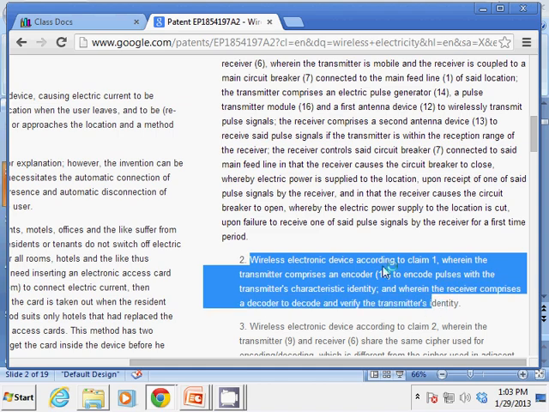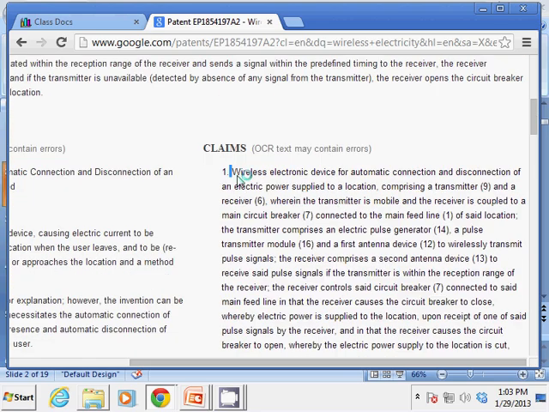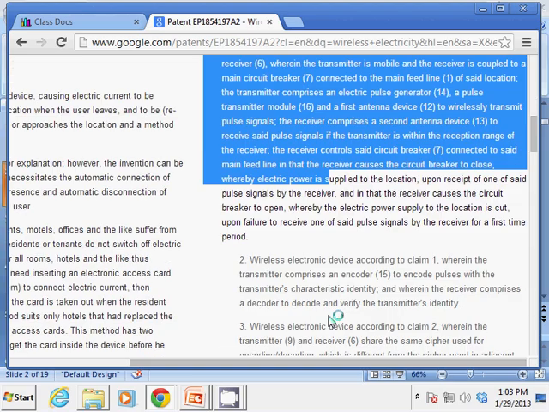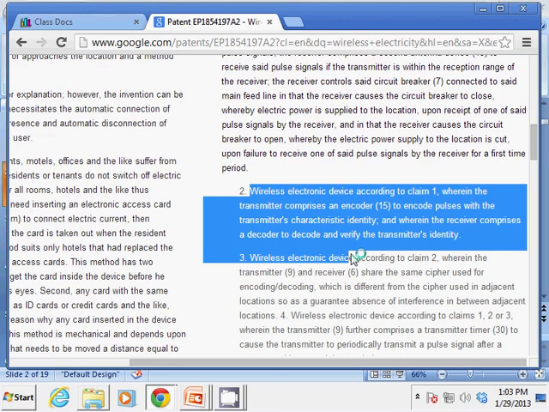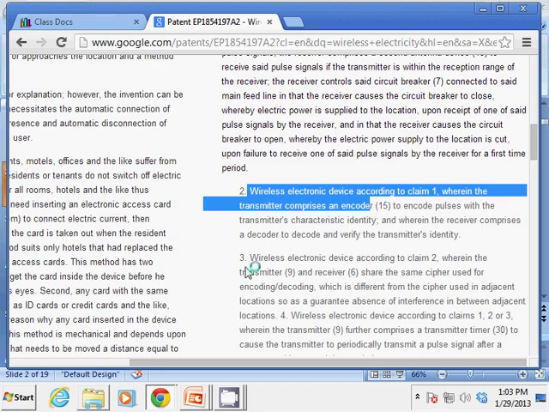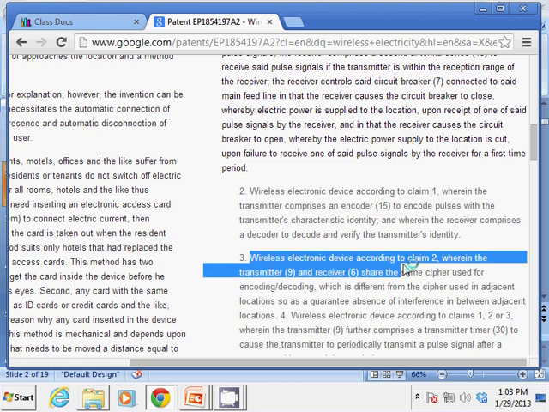So when you first file the patent, you want to have at least one independent claim, and then you can have many dependent claims. So here's a claim that depends on claim 1. That is my first dependent claim. Here's another claim which depends on claim 2.